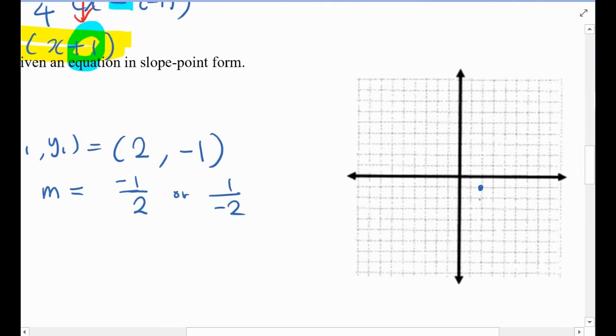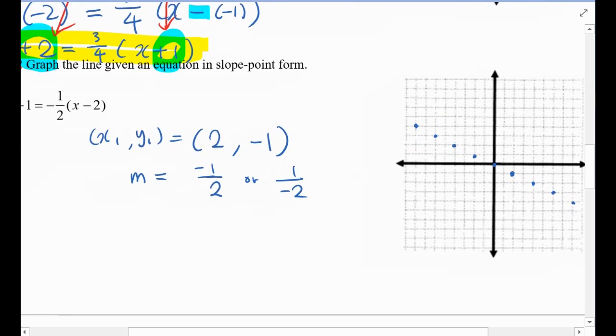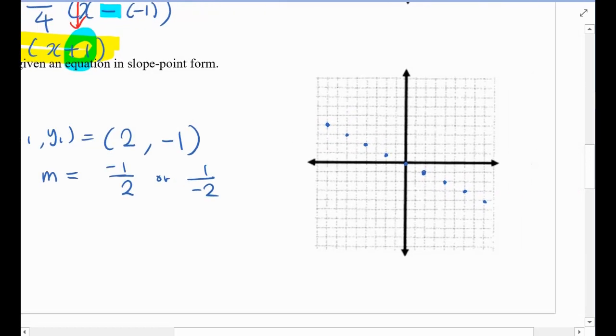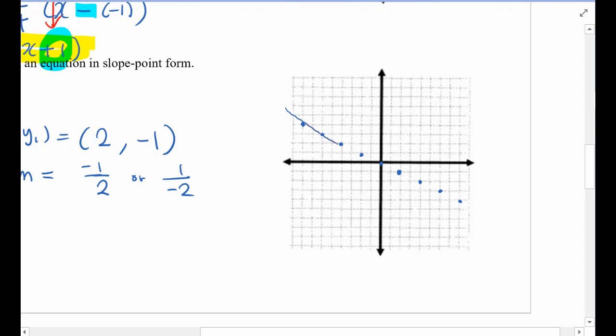So find all the points like this. Okay? And join the points. Alright, everyone?